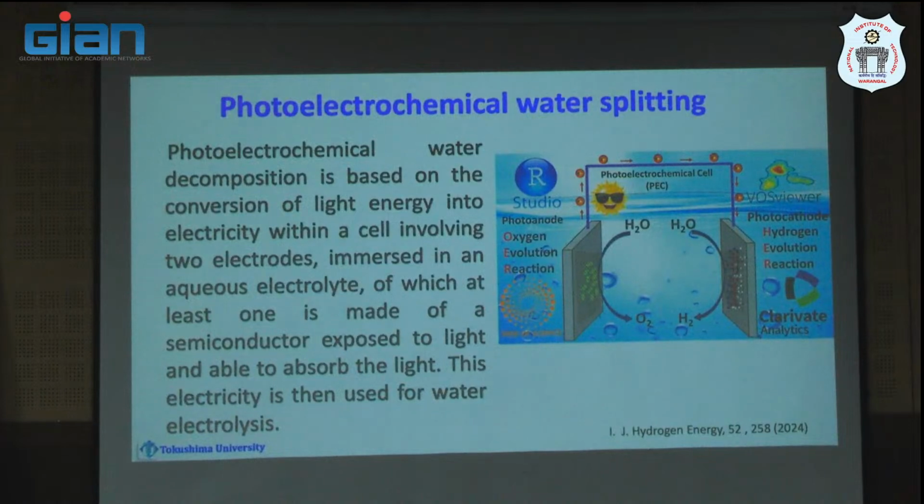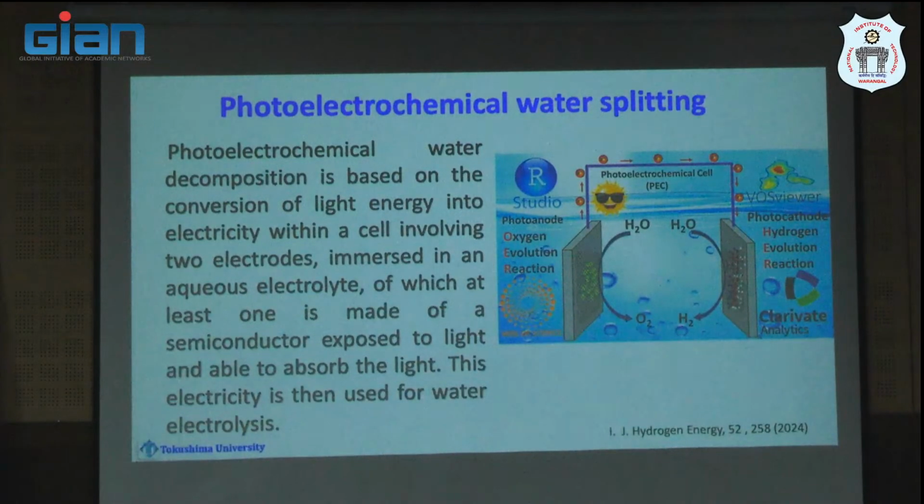In photocatalysis, I told you that if you are making a nanostructure, make sure that it is sensitive to the light. So here, if you are looking for a good material, that material should absorb the light quickly. This electricity is then used for water electrolysis.